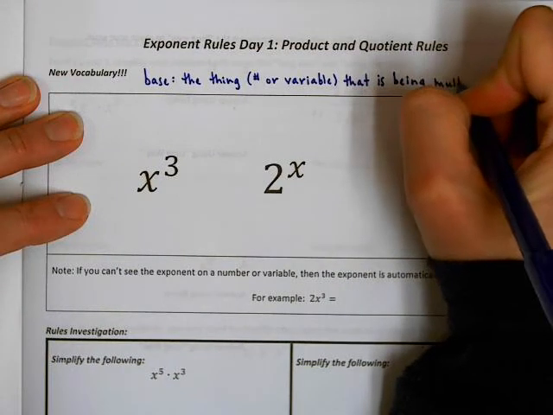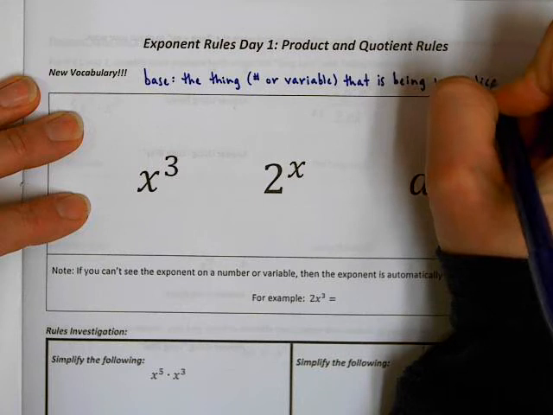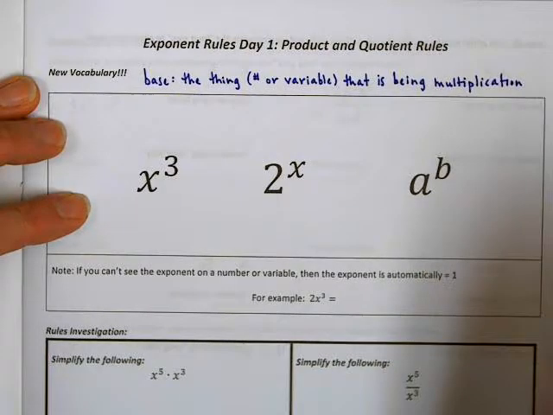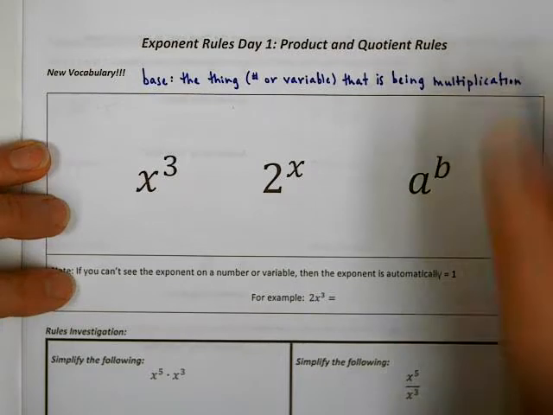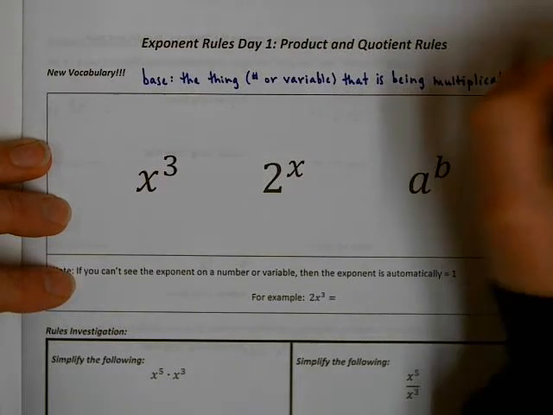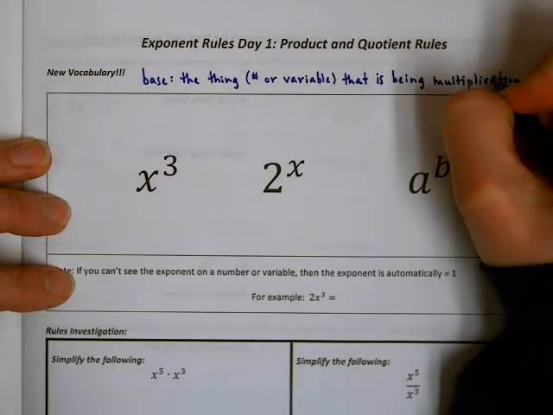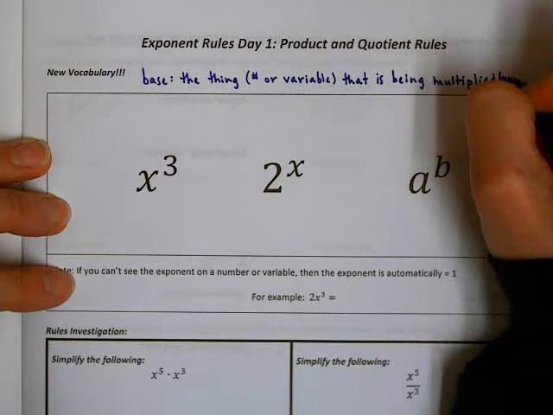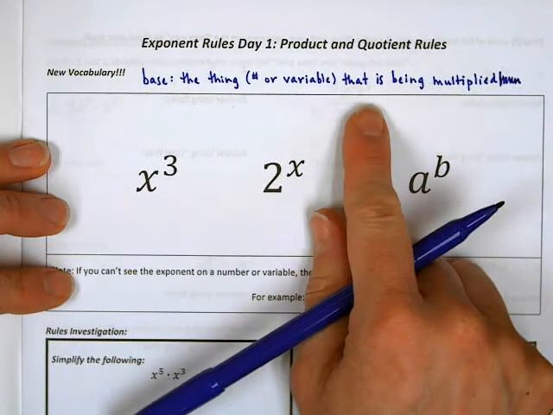When we're working with exponents here, we're talking about multiplication. So the base is the thing that's being multiplied. That should say multiplied, not multiplication. Sorry about that. Okay, so the thing that is being multiplied.